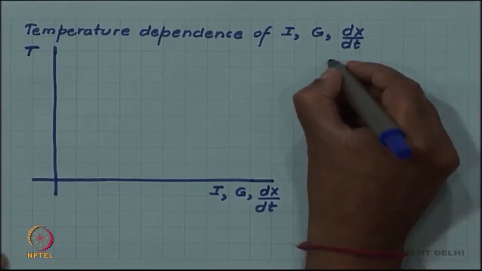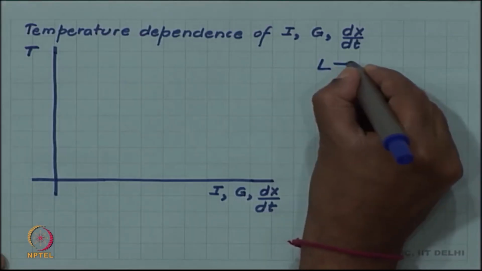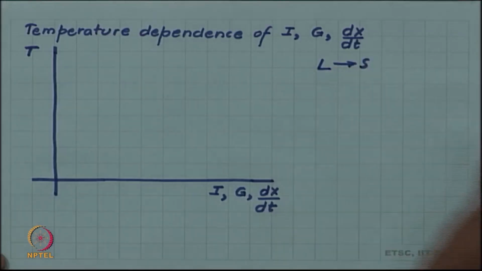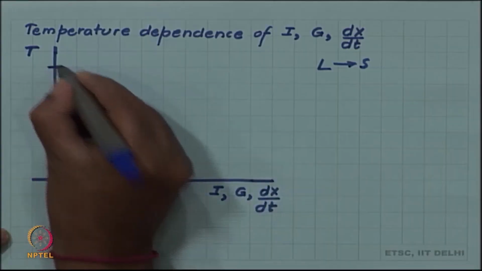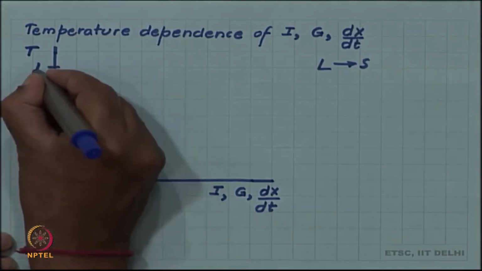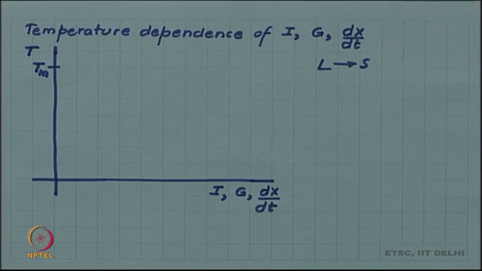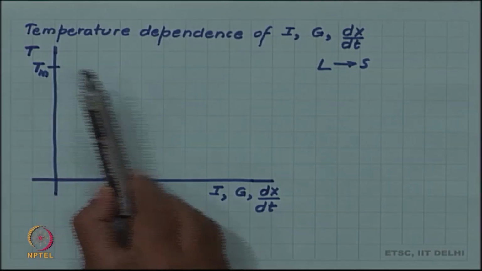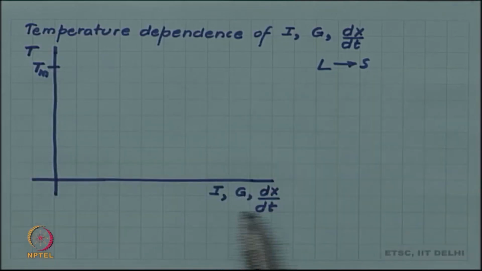And let us, for example, let us think of solidification. So, we are talking of liquid to solid transformation. So, there is the critical temperature for this, the melting temperature Tm, and above the melting temperature there will be no freezing, no solid will be forming. So, all these rates will be 0 above the melting temperature.